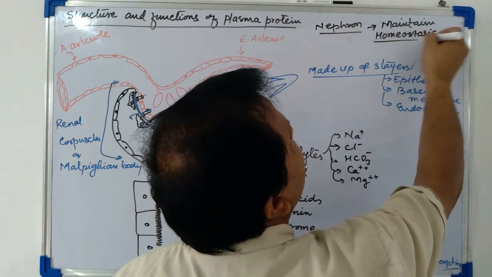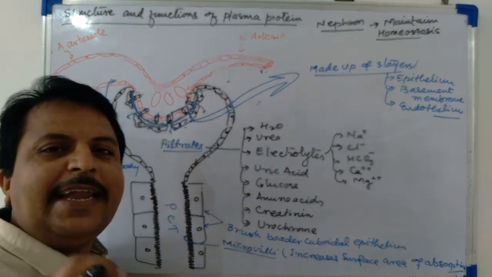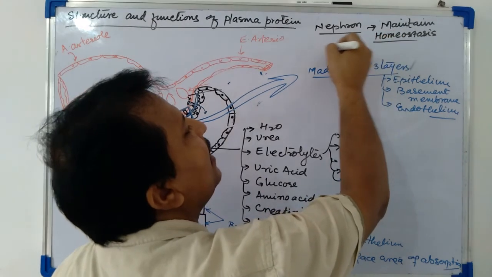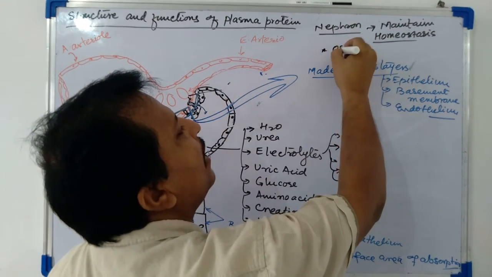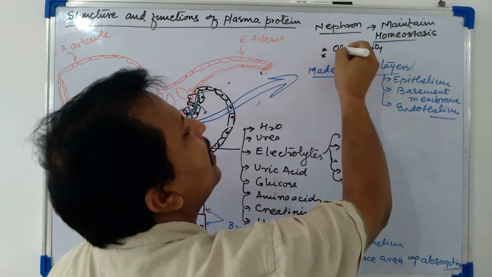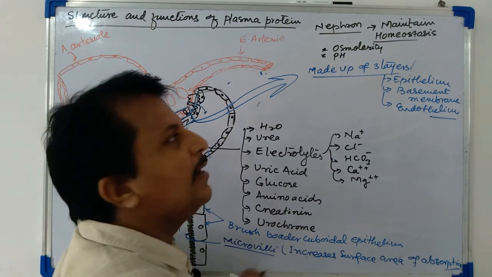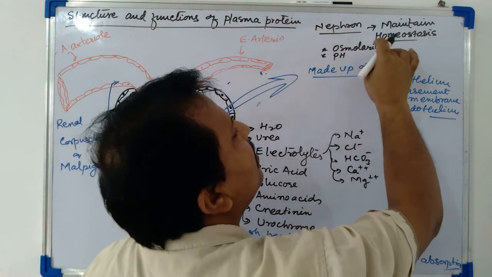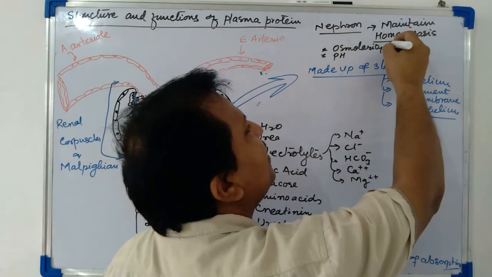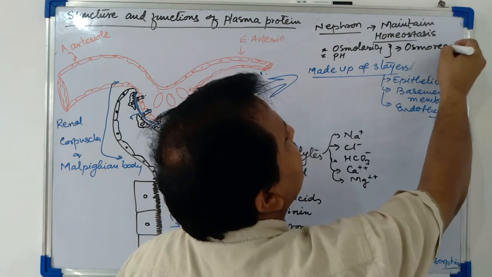What is the meaning of homeostasis? Maintenance of constant internal environment, means it can maintain osmolarity, pH and body fluid. Okay, the process is known as osmoregulation.